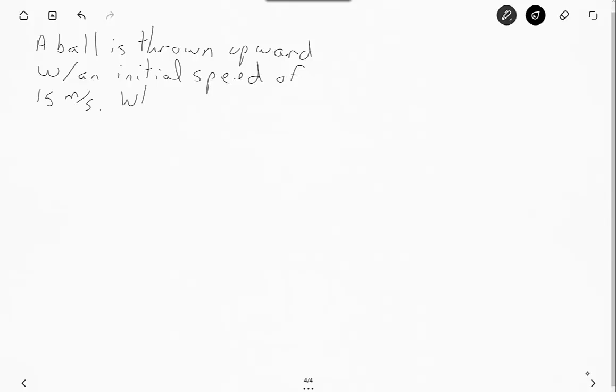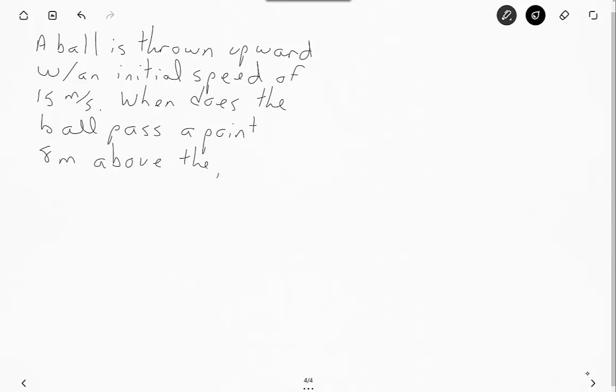The question is, when does the ball pass a point 8 meters above the person's head?